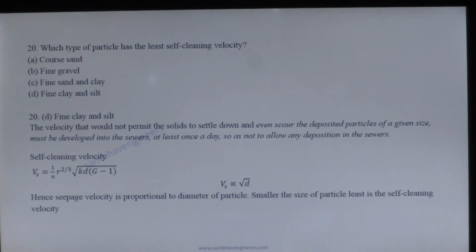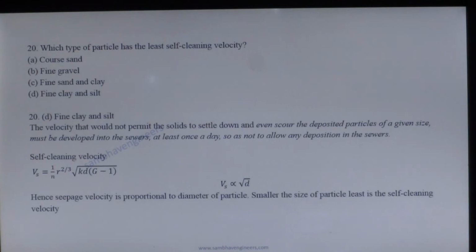Which type of particle has the least self-cleaning velocity? The velocity which would not permit the solids to settle down and even scour the deposited material, must be developed in the sewer at least once a day.